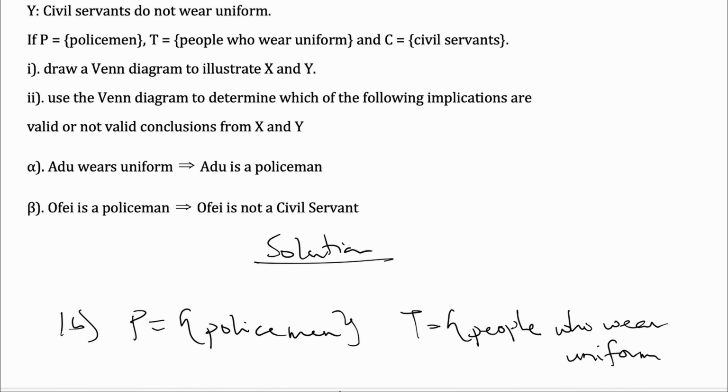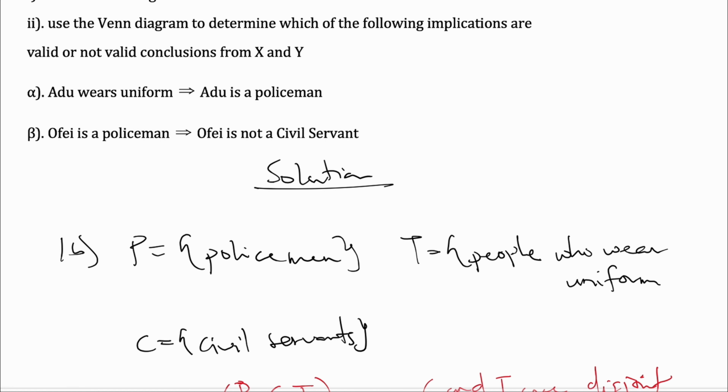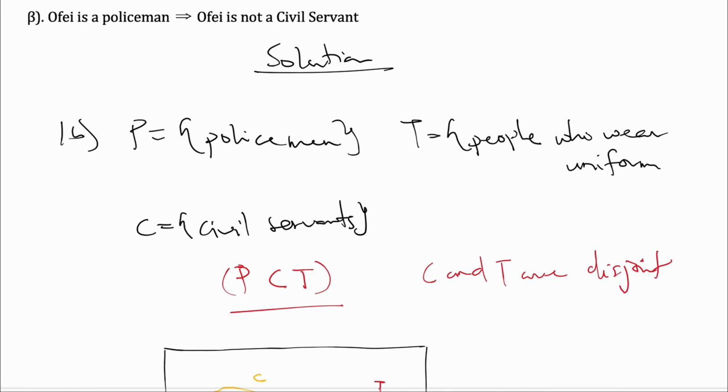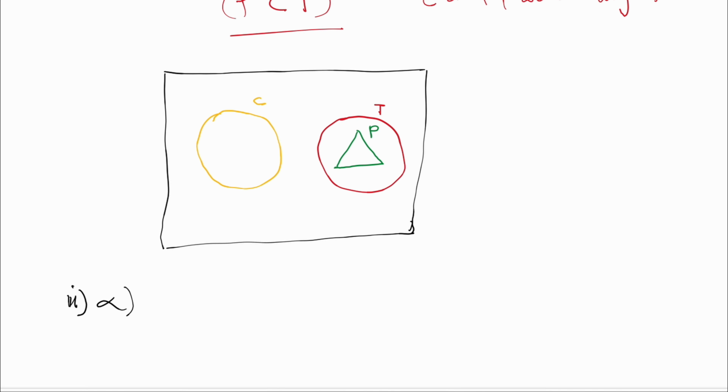We know that all policemen wear uniform, but then we don't know that everyone who wears uniform is a policeman. So Edu wears uniform. Edu could be here, here, or here. So Edu could either be a policeman or not.